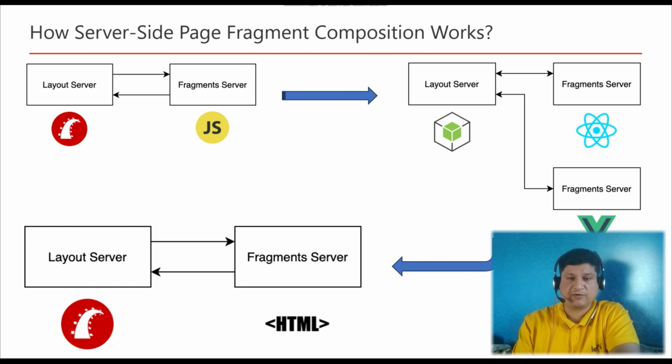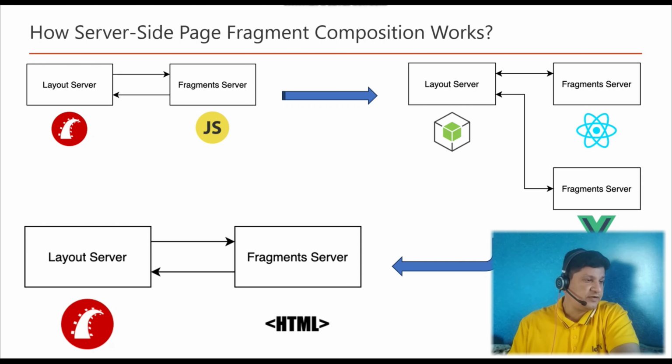of micro frontend consumers. So if you see, in the second example we have a layout server and a fragment server. Now we may have multiple fragment servers based on technology. Maybe one is running on Node.js and the other is running on Vue.js, and we are consolidating both in the layout server.